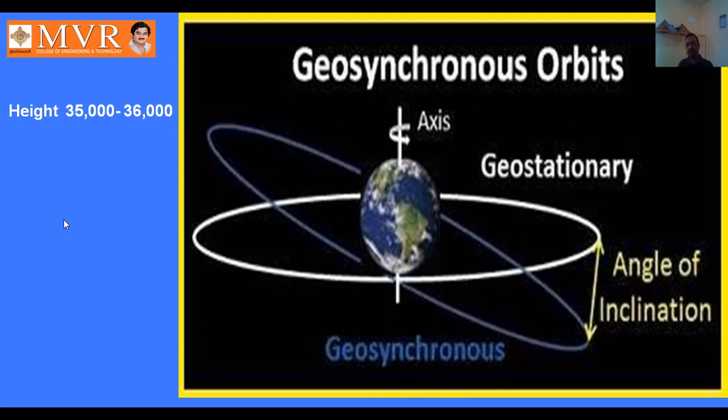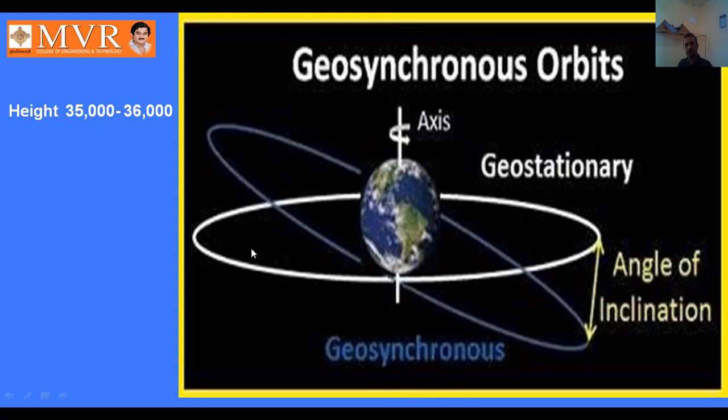So, what is the difference between geostationary and geosynchronous orbits? There are some differences. The difference is that it is not directly above the equator. See, geostationary orbit is always rotating around the equator. This is the equator, east to west, this is north to south.